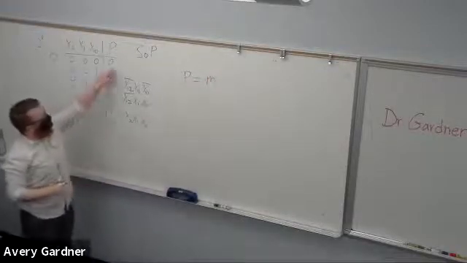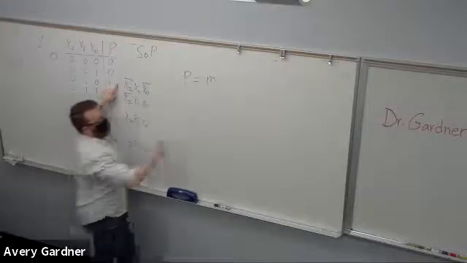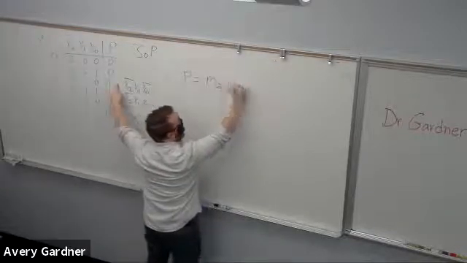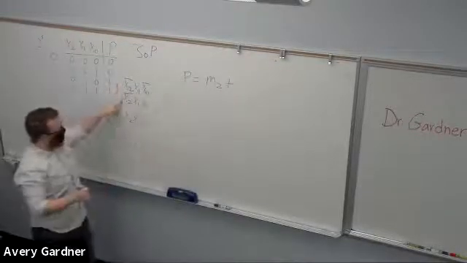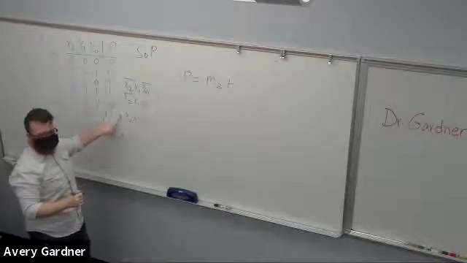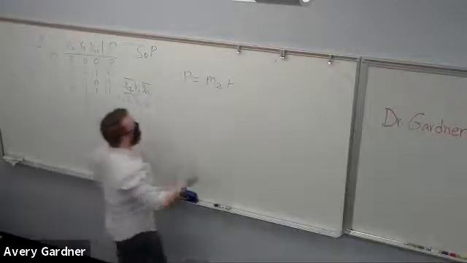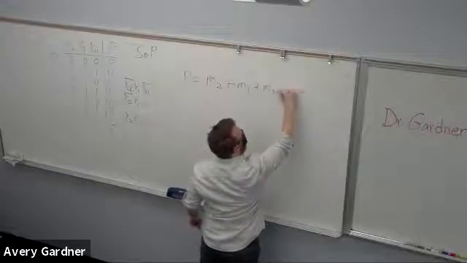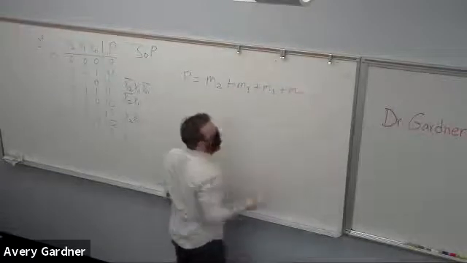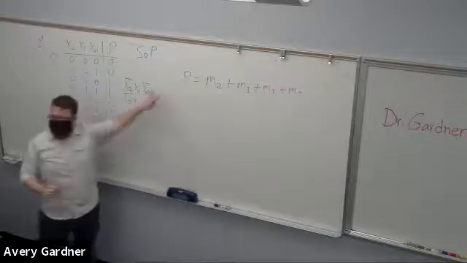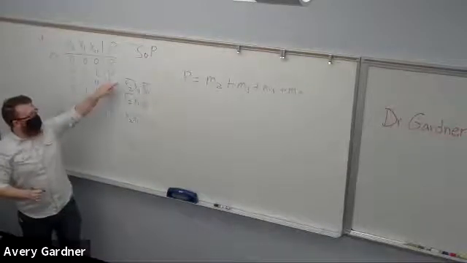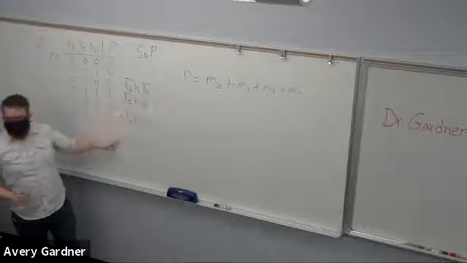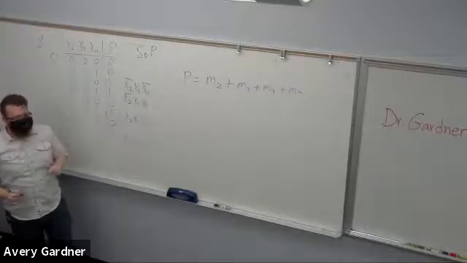This is min-term 0, 1, 2, 3, 5, 7, right? This is the same expression as this or this or this or this, but much shorter.